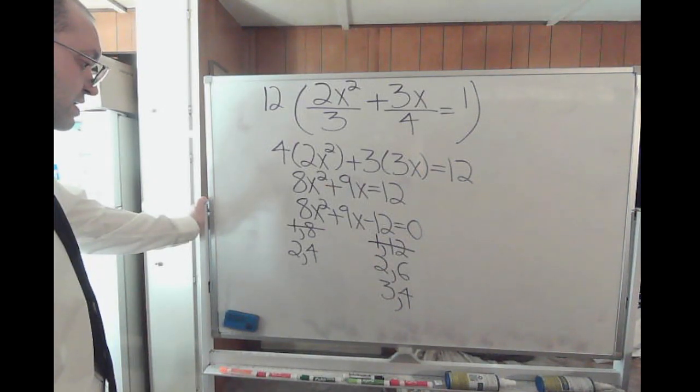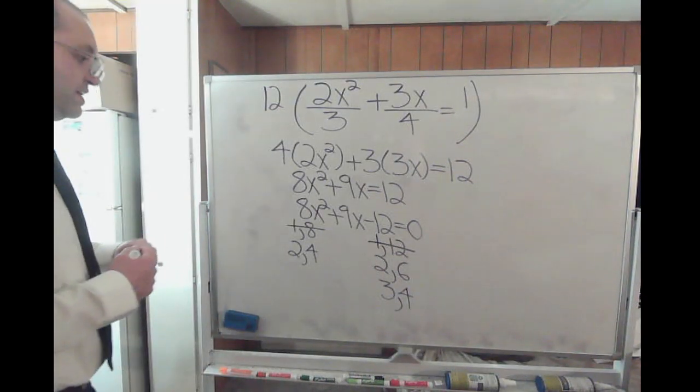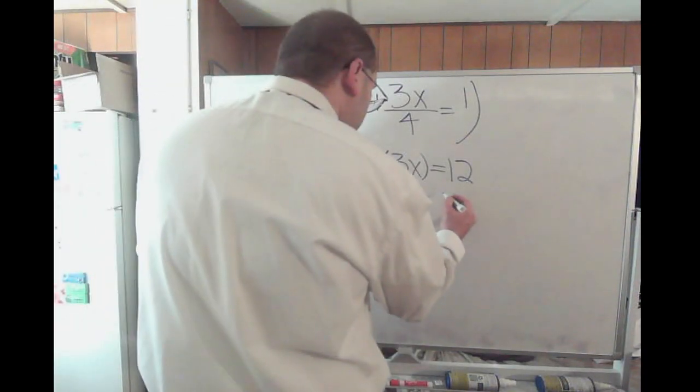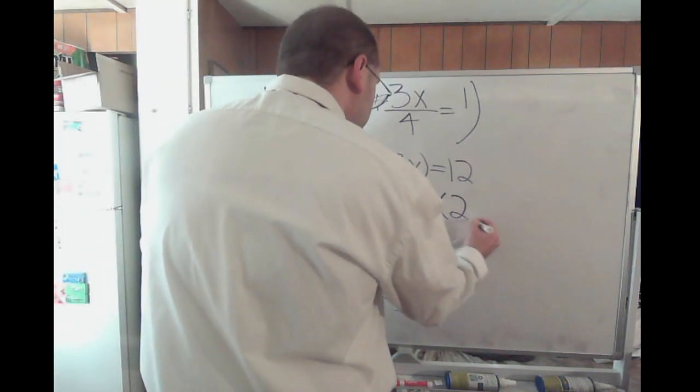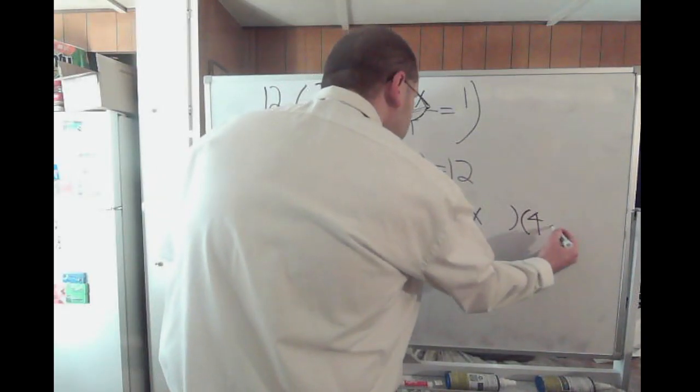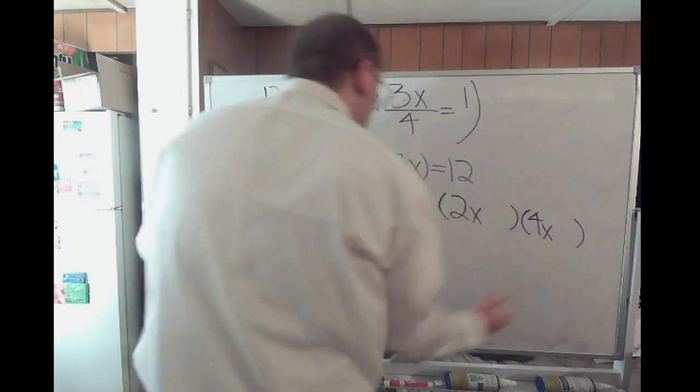8 and 12 would be. I wonder something here. Let me see, because sometimes factoring's a bit of trial and error. I do 2x times 4x. Alright, let's see.